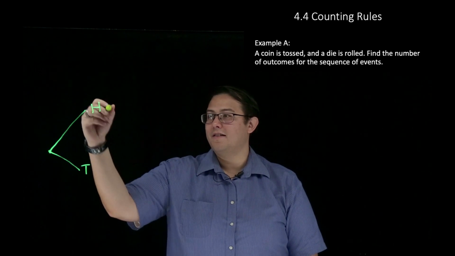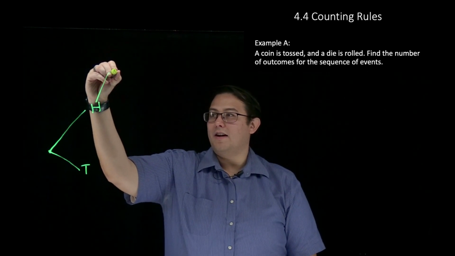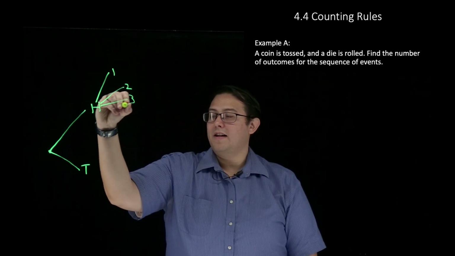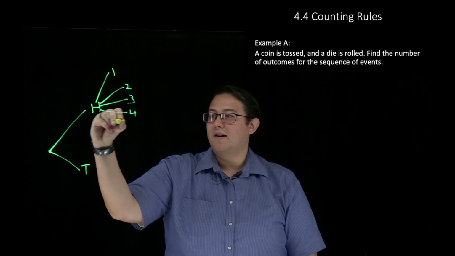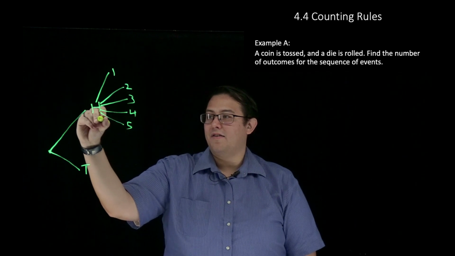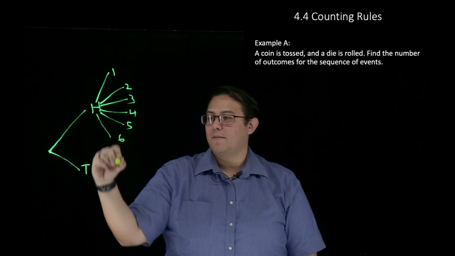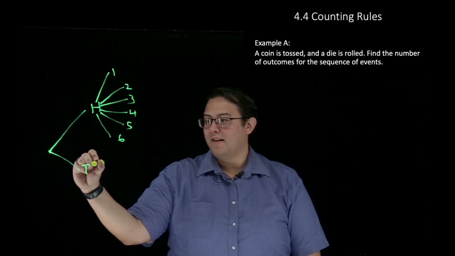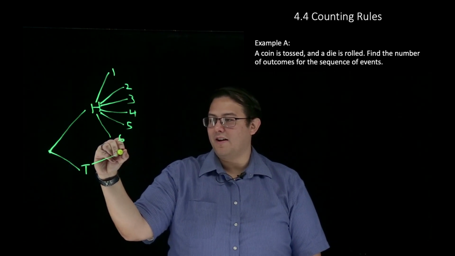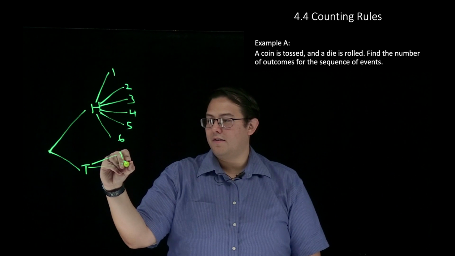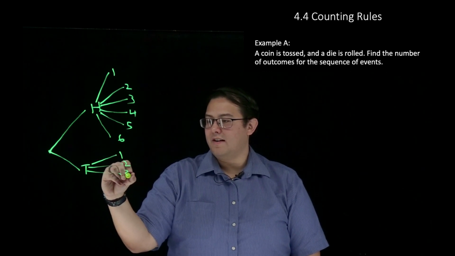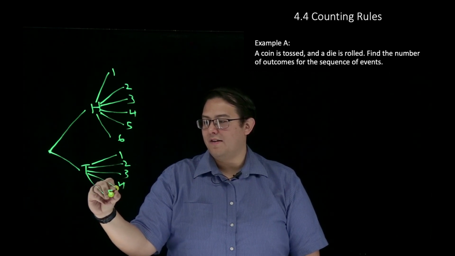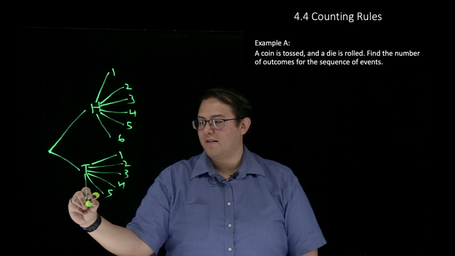So we could get heads, and then we could get either a 1, a 2, a 3, a 4, a 5, or a 6. And then maybe we flip tails first, so then when we roll the die, we could get a 1, a 2, a 3, a 4, a 5, or a 6.